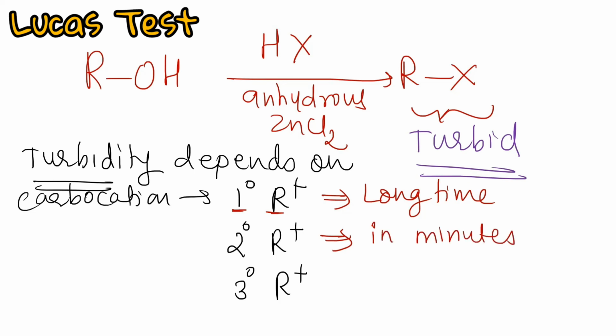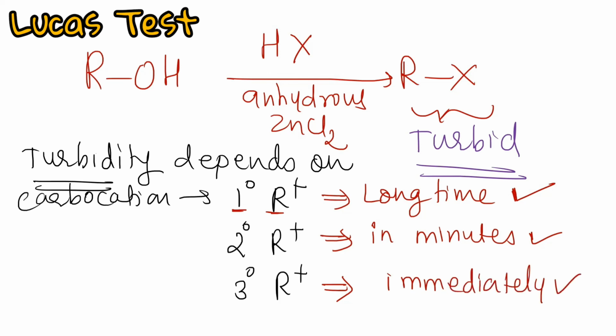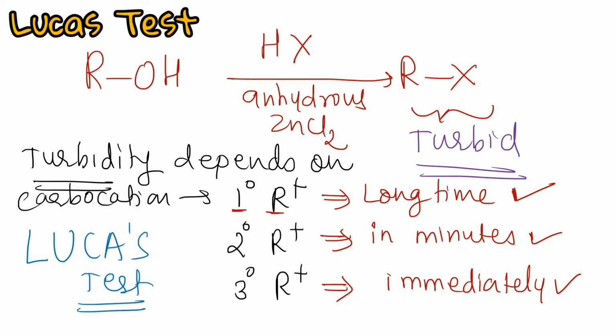That means it takes a little time, but it appears in minutes. Here it takes a long time to appear, here it appears in minutes. And if it is a tertiary carbocation, the turbidity appears immediately. So this test is also called the Lucas test.